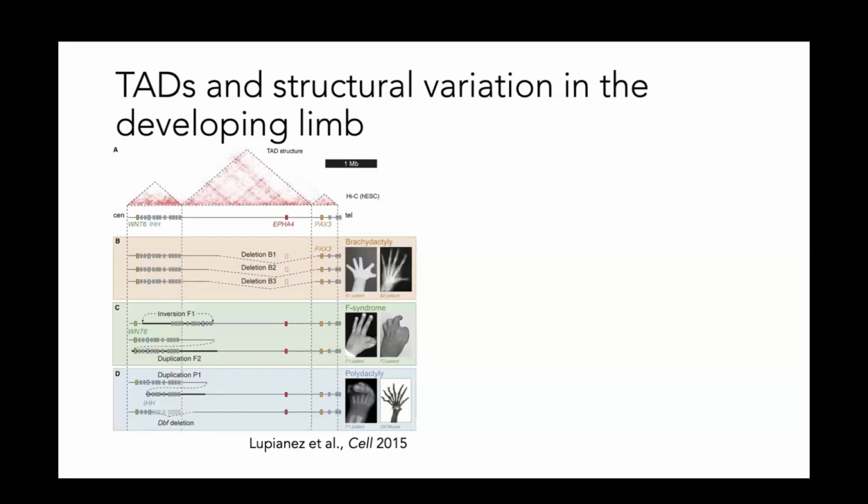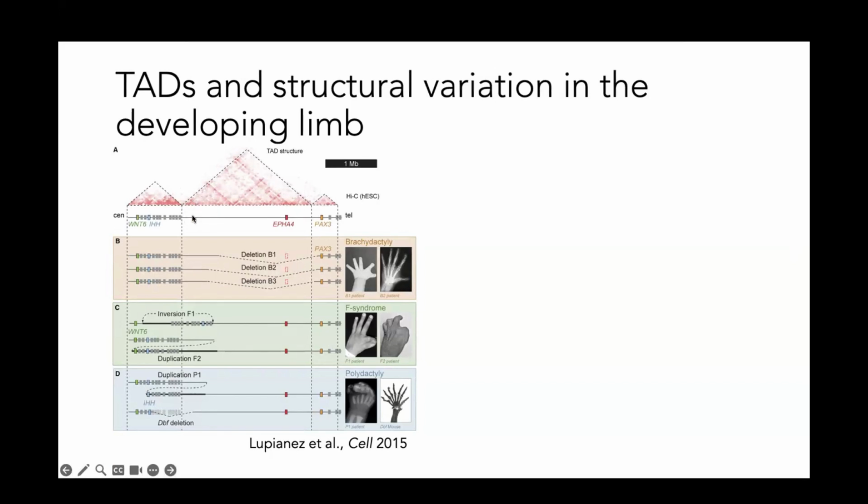There's also been somewhat conflicting evidence when we look at perturbations of chromatin organization at a genetic level. There's this really beautiful paper from almost 10 years ago now from Stefan Mundlos's lab, where they identified families with disorders of limb development. Interestingly, they all had structural variants that map to a similar location in the genome, but don't really overlap with each other. What they all do is disrupt the boundaries between TADs.